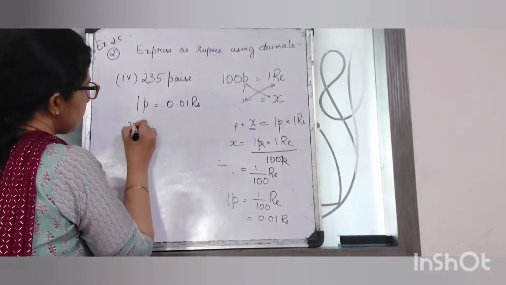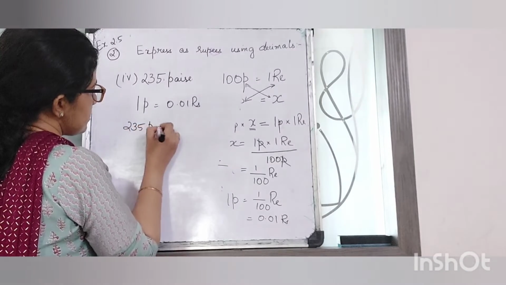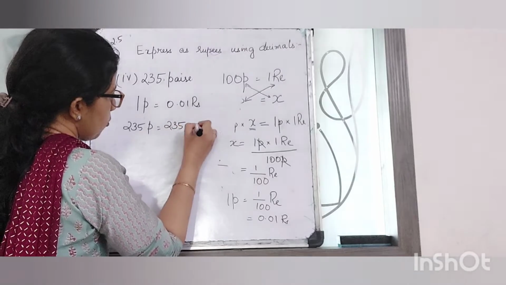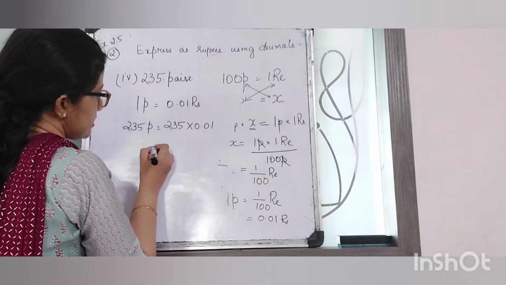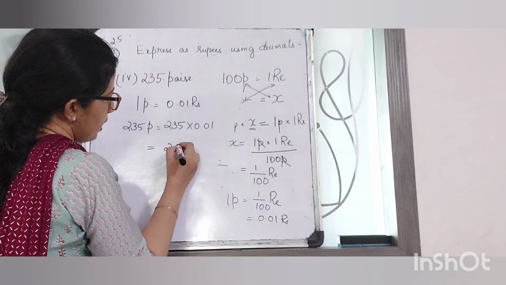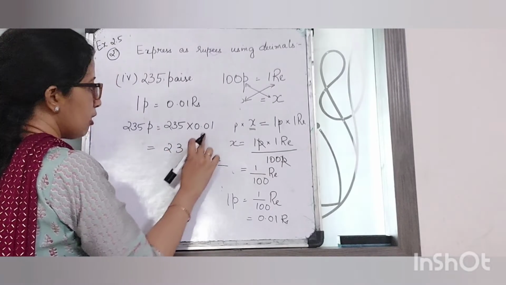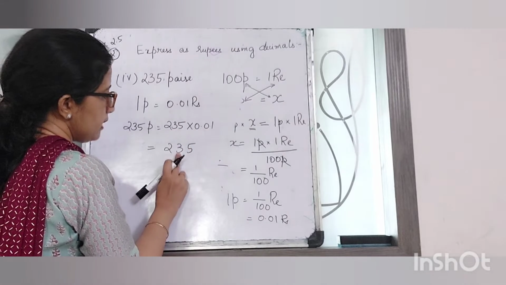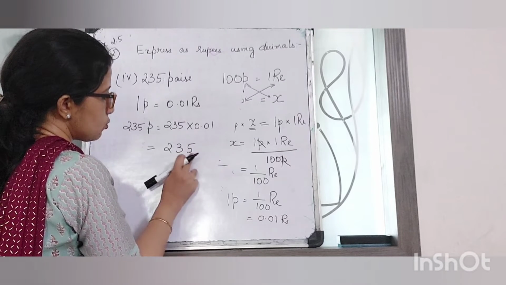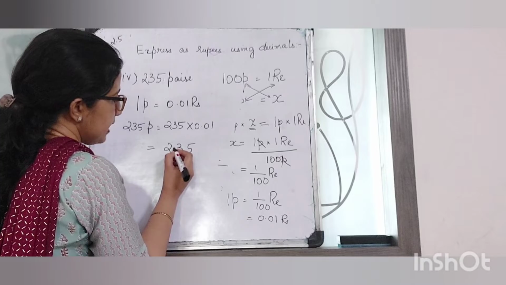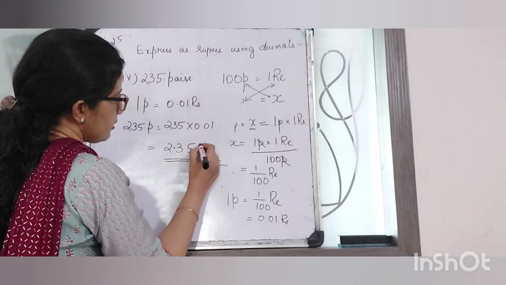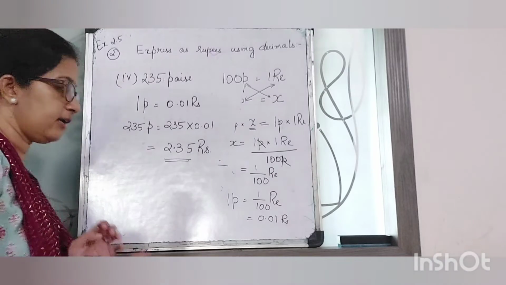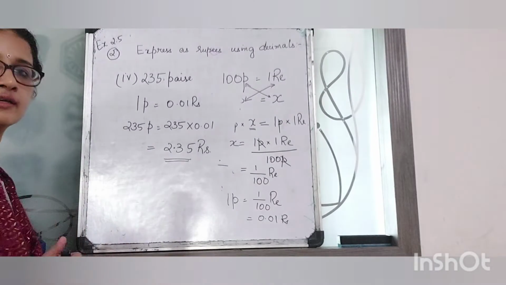So 235 paise is equal to 235 into 0.01, where you put 235 directly. Now how many decimal places should we leave? 2. So if we leave two digits to the right-hand side, you will get the answer as 2.35 rupees. Clear with this? Okay.